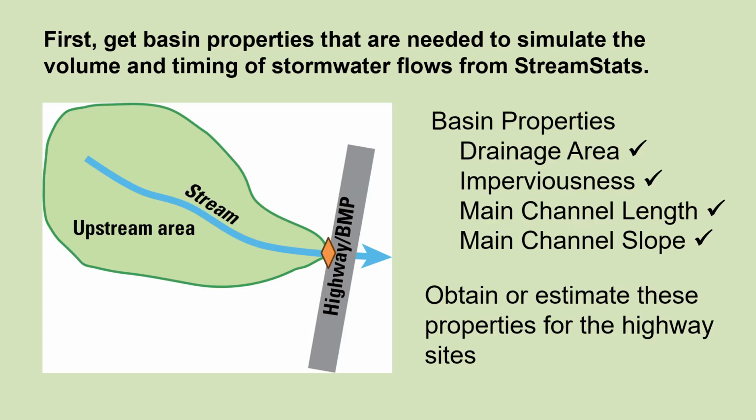So in this example, we are ultimately going to use SELDM to simulate the effects of the highway runoff on the receiving water. But in order to get to that point, we first need to get basin properties that are needed in SELDM to simulate the volume and timing of stormwater flows.